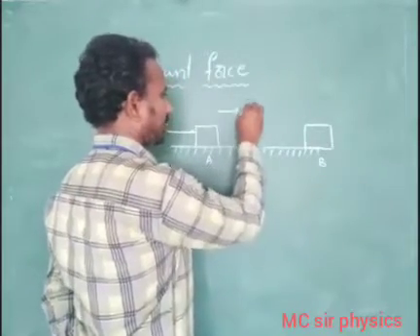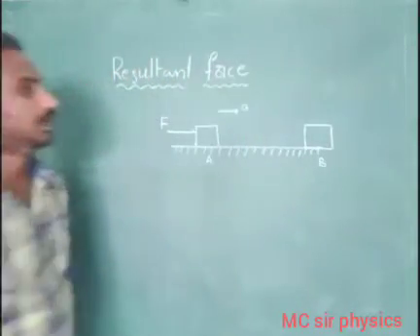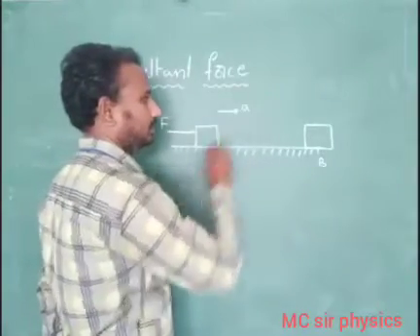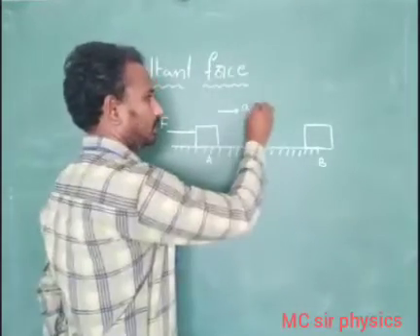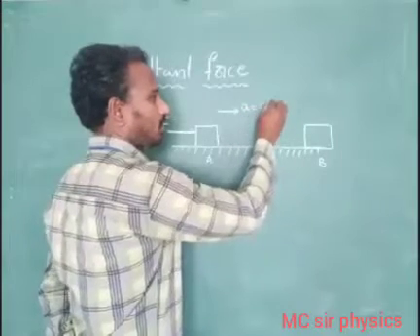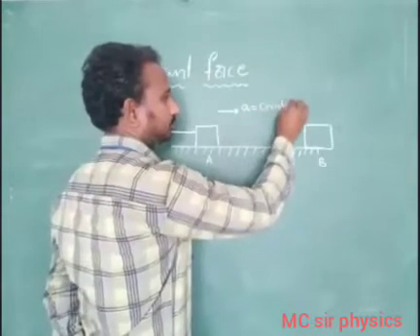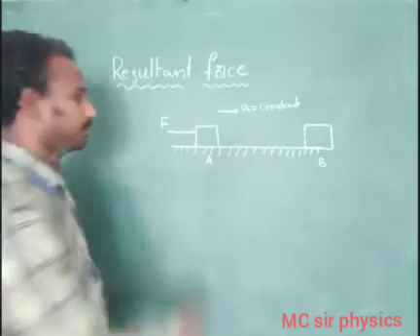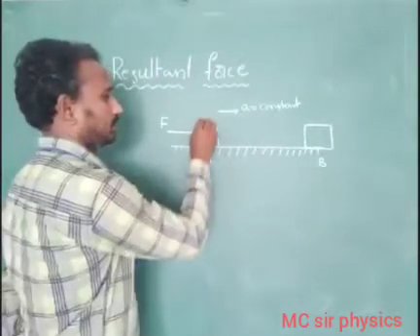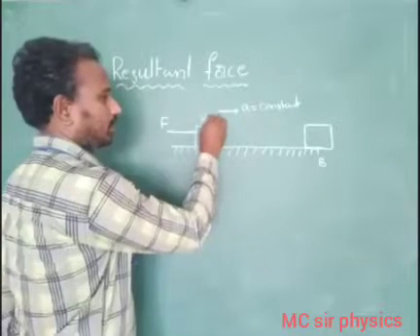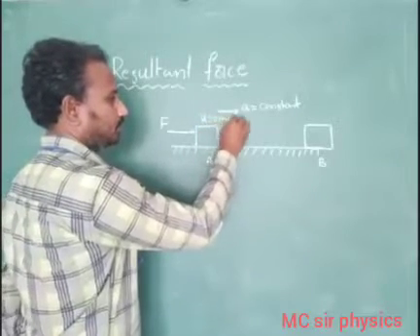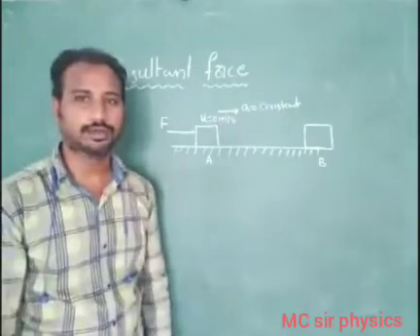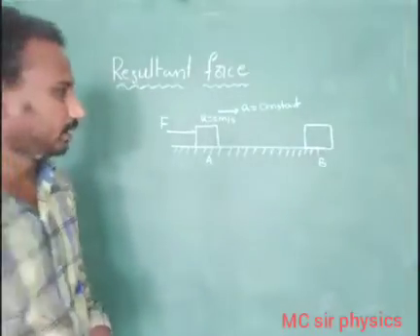Here, the resultant acceleration is a, and the resultant acceleration is constant. The initial velocity u equals 0 meter per second.